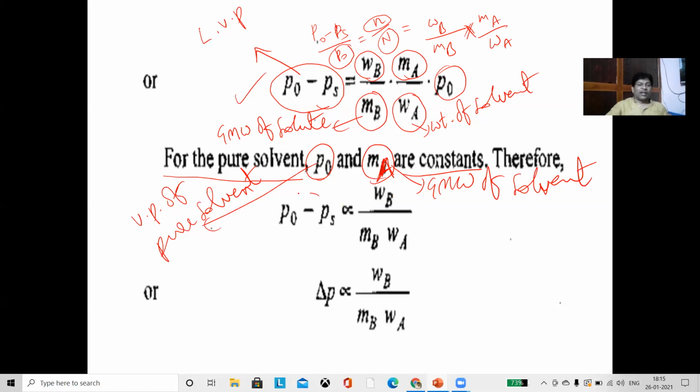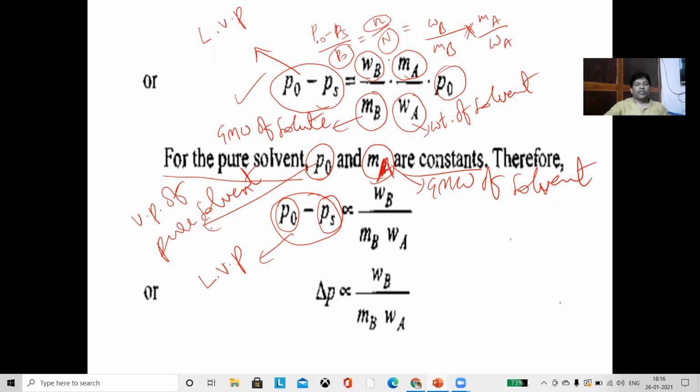Therefore, now what we write: lowering of vapor pressure, P naught minus PS. Means vapor pressure of pure solvent minus vapor pressure of solution is directly proportional to WB by MB WA.